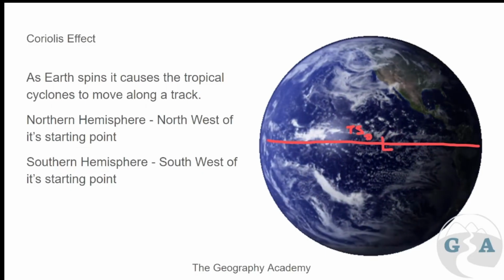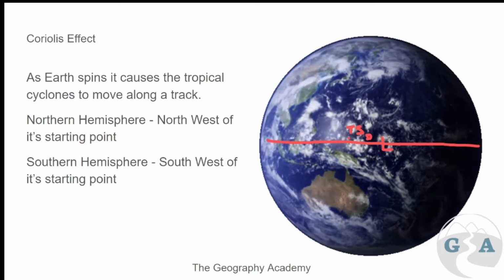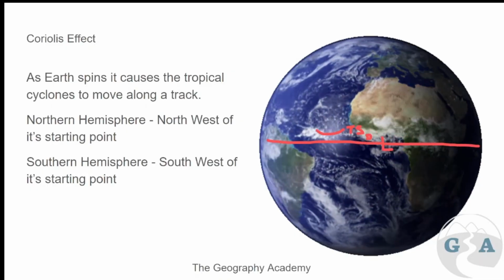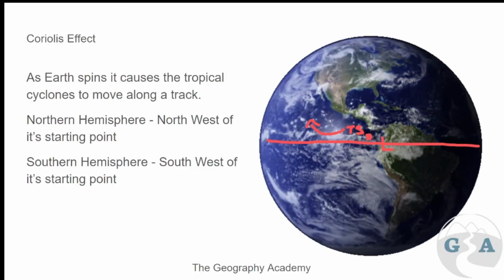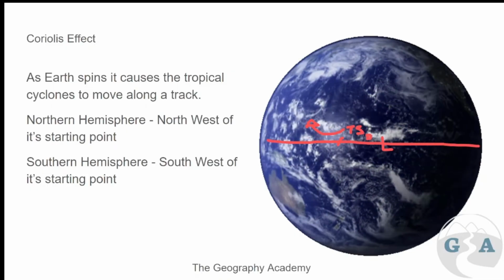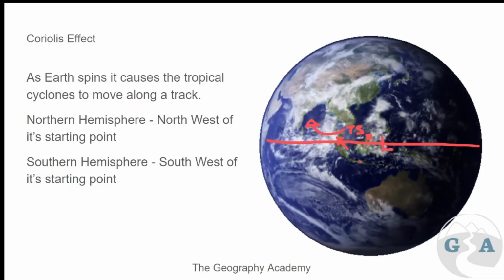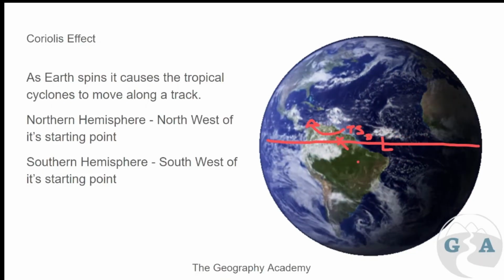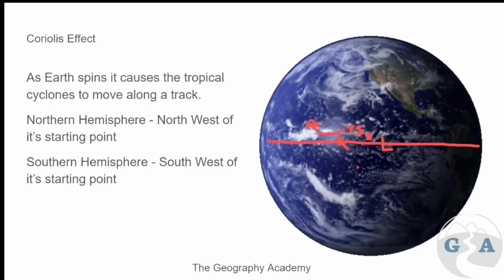Then it continues to grow because everything that is moving in terms of the wind is going to be veering away from the equator. And that's why we don't really see full-size tropical storms, or tropical cyclones, I should say, developing right on the equator, but usually a couple of degrees north and south.